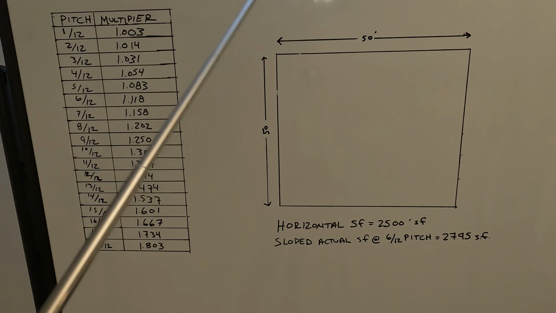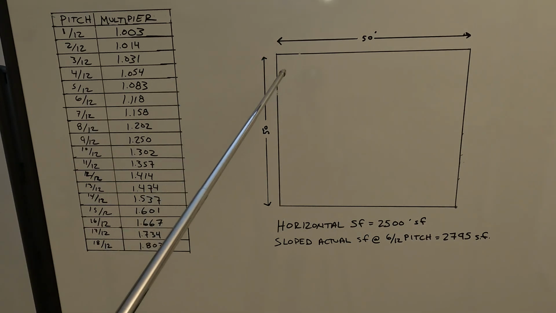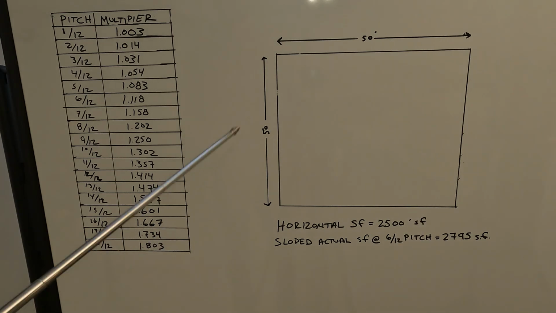But if you want to just figure out the pitch quick, hop up on a ladder, figure out the pitch quick, and then go on Google Earth and pull your distances that way, that's probably the easiest way to do it.